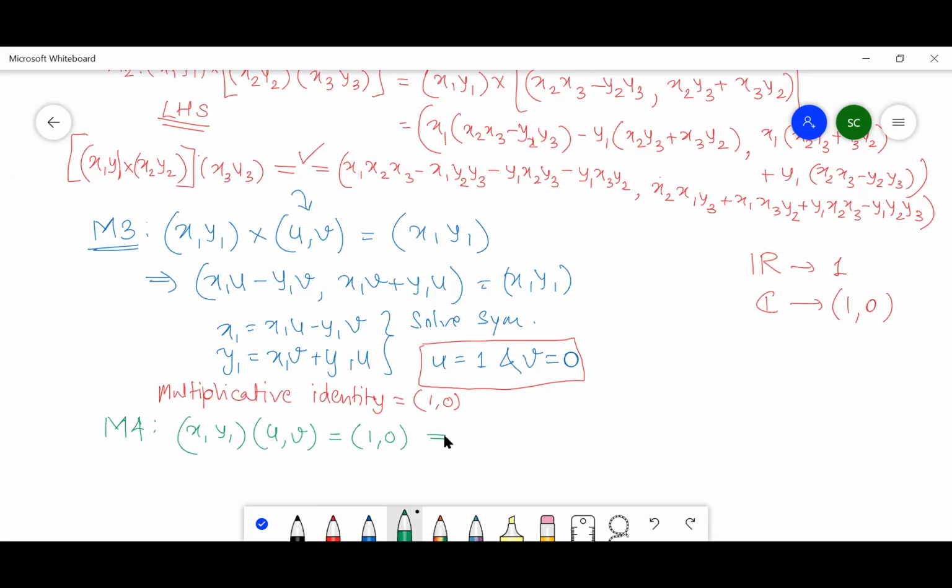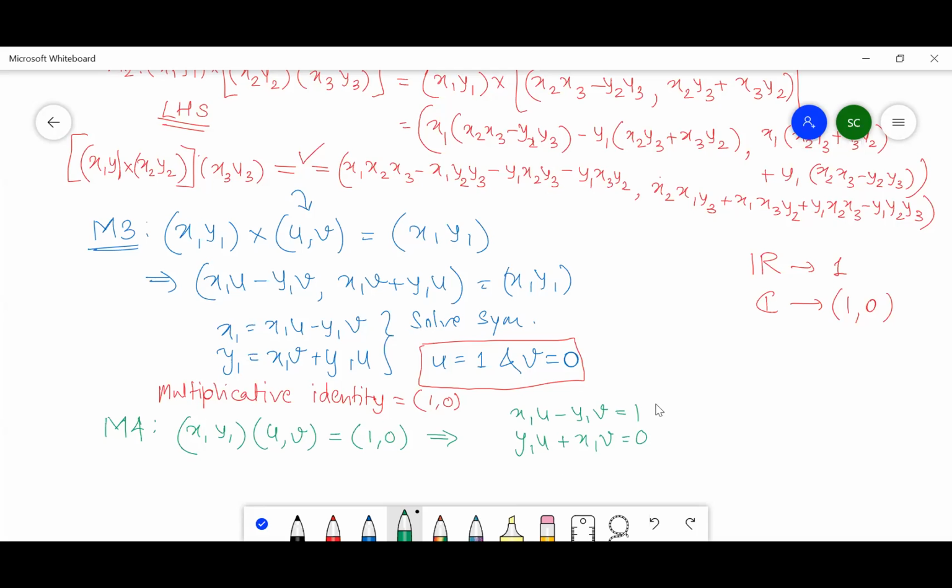Now, this is going to give us again two equations. x1u minus y1v is equal to 1 and y1u plus x1v is equal to 0. Right?